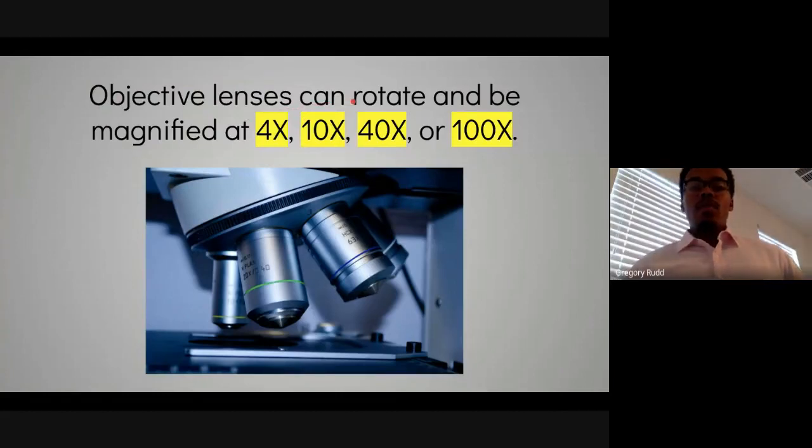Objective lenses can rotate, and so we can have magnifications of 4x, 10x, 40x, or 100x.